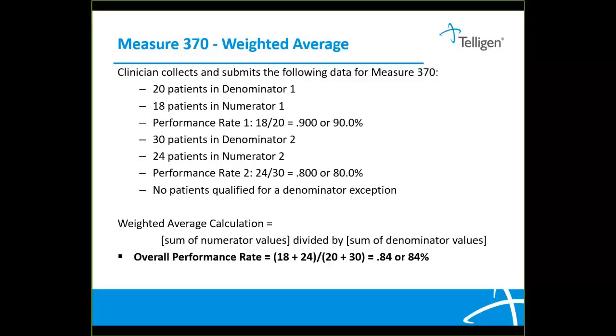So you can see the performance rates, 90% for performance rate 1, and for performance rate 2, 80%. So to use the weighted average calculation, we're going to add the numerators together, 18 and 24, and divide by the sum of the denominators, 20 and 30, to get an overall performance rate of 84% for this weighted average.